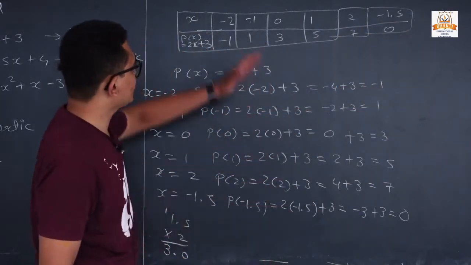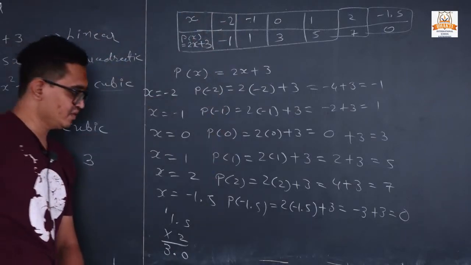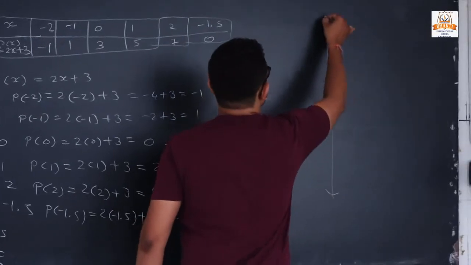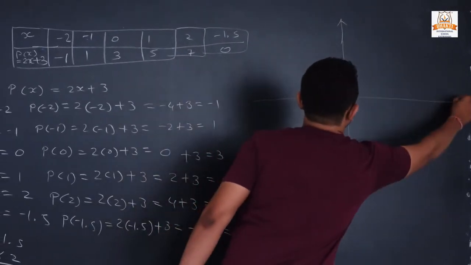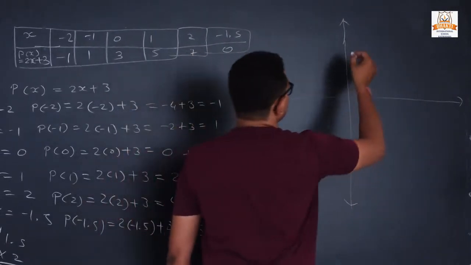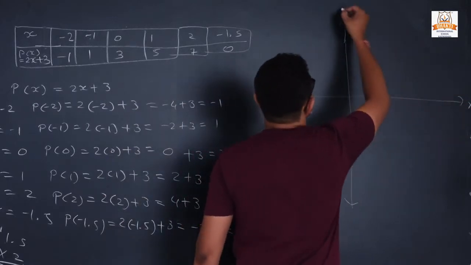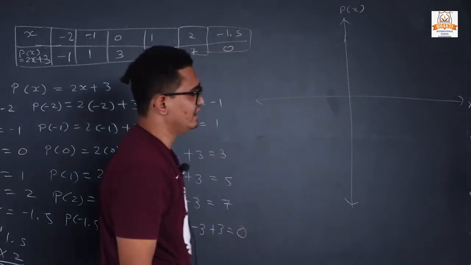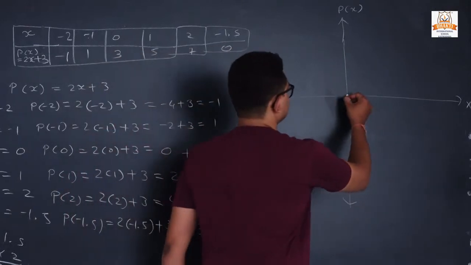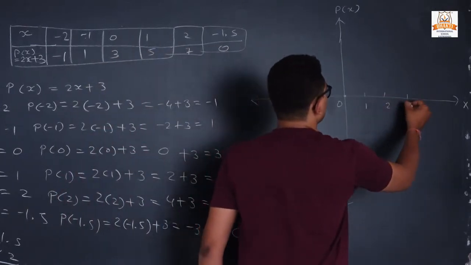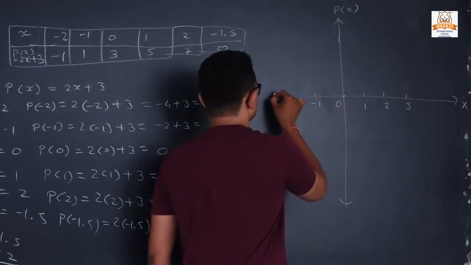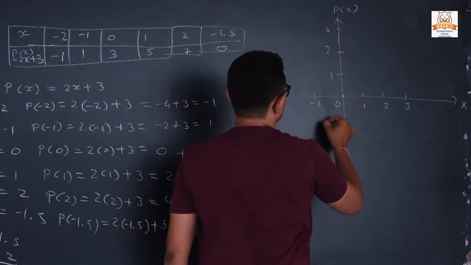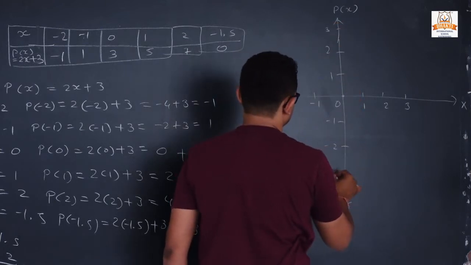Now we will draw the graph for that calculation. So we can draw one graph. Here we write the value of x, and here we write p of x. Here is our 0, 1, 2, 3, here minus 1, minus 2, minus 3.